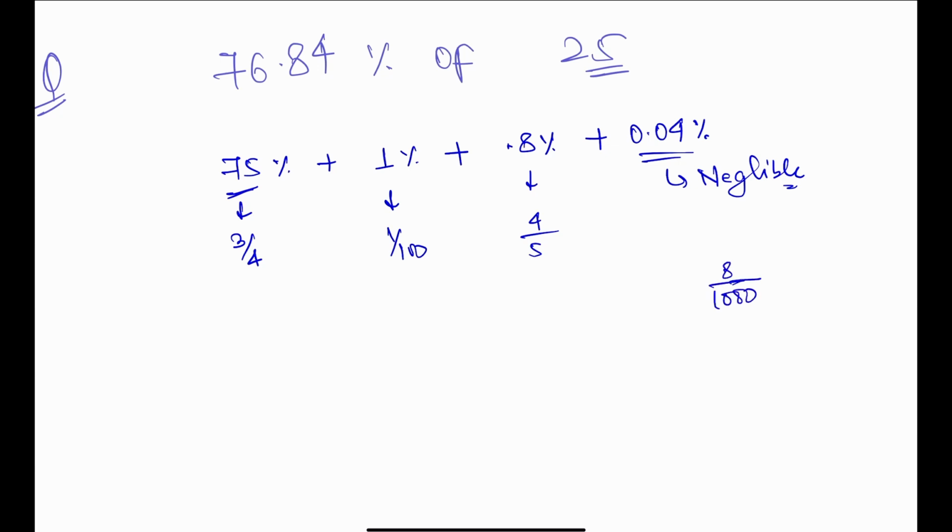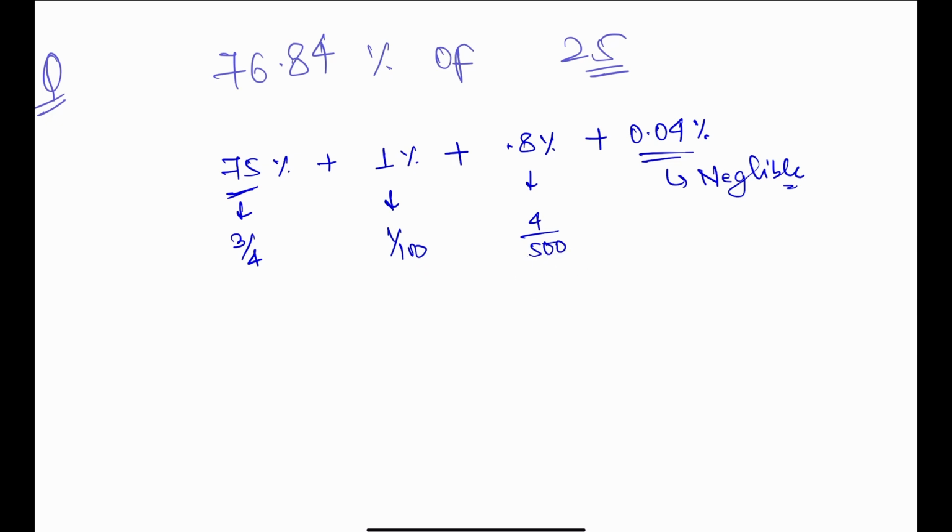Because percentage is 100 and then the point, so you just divide 4 by 500, right? Or you can just say that 80% is 4 by 5, 8% is 4 by 50, 0.8% is 4 by 500. So anyway, whatever the process, however you approach, this is how it will be.